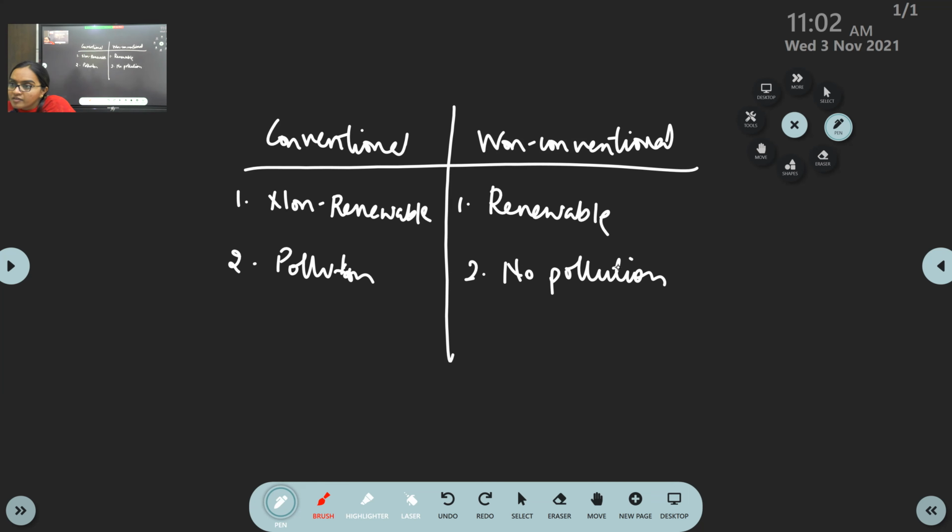Hydroelectricity comes under conventional. Okay, though it is renewable, it comes under conventional. Write down the examples if you want.